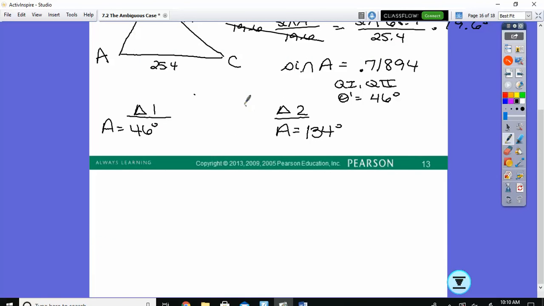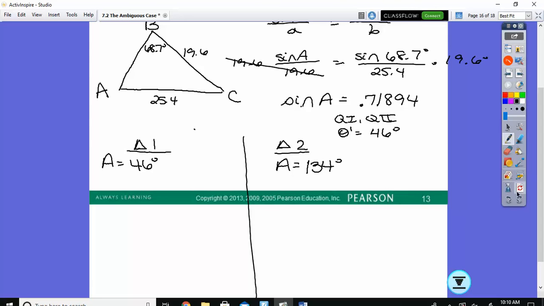So let's solve triangle 1. I have now angles A and B, so angle C should be easy. You just do 180 minus both of those, so 180 minus 46 minus 68.7, and we get 65.3 degrees.